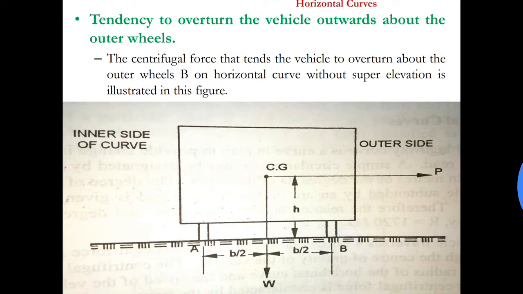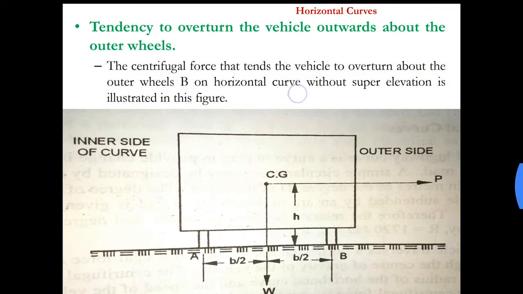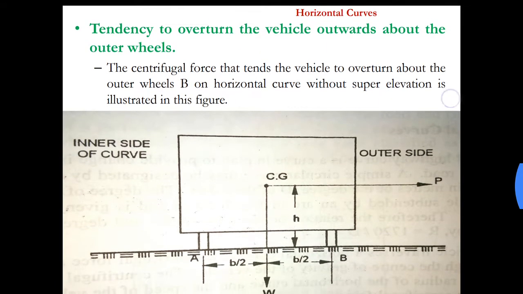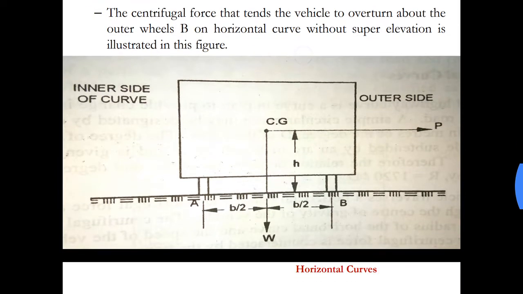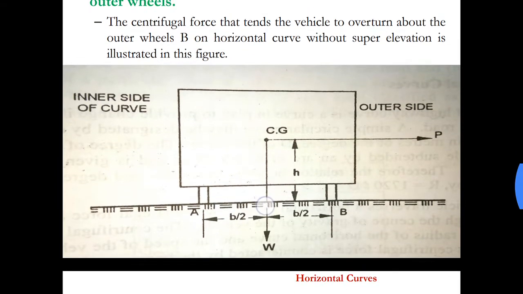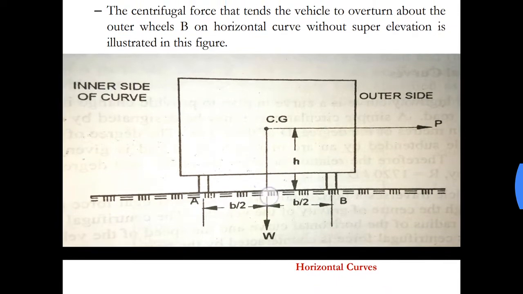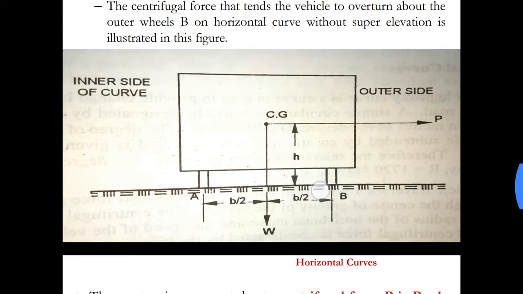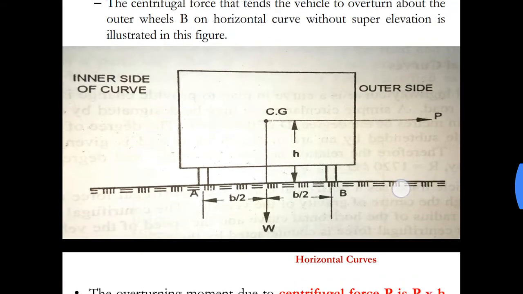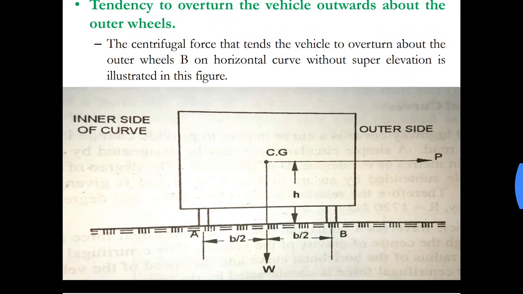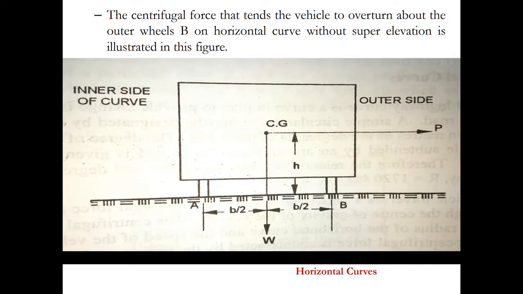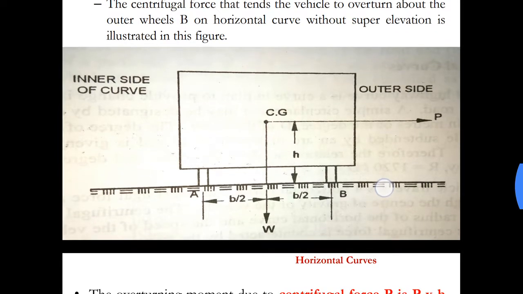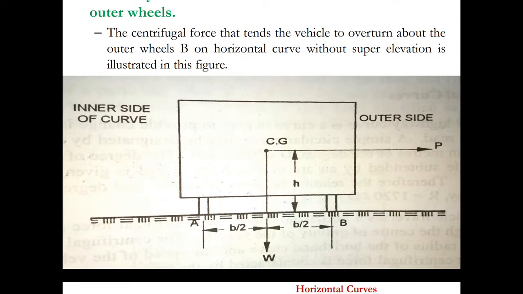A horizontal curve without super elevation is illustrated in this figure. Here the road is flat, no banking has been provided, there is no super elevation provided. We'll study super elevation in the next lectures. For now we are not considering any super elevation on the road. We are trying to counteract the centrifugal force using only friction.